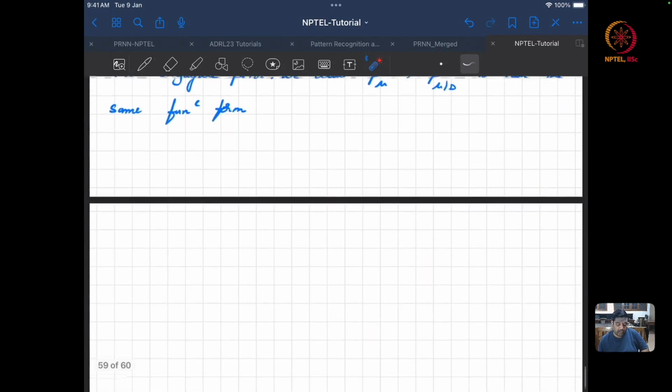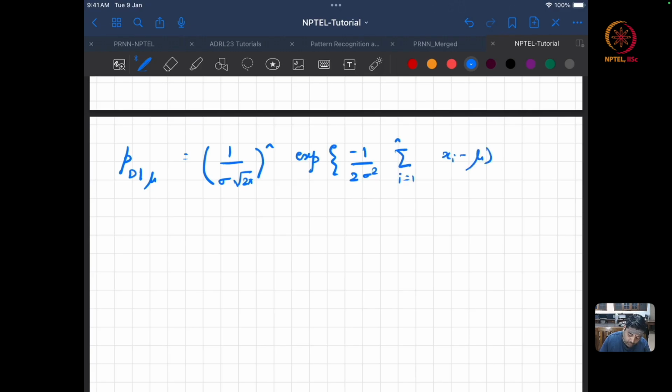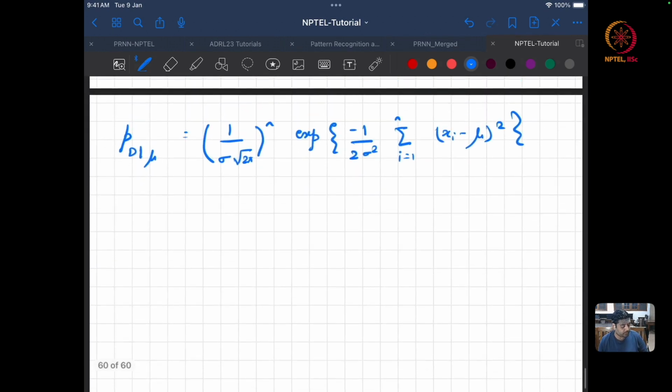Now what will happen when you have the whole D with you? D given mu will be 1 over sigma square root of 2 pi, to the n, exp of minus 1 over 2 sigma square, summation i equals 1 to n, (xi minus mu) whole square. This is how it turns out to be.